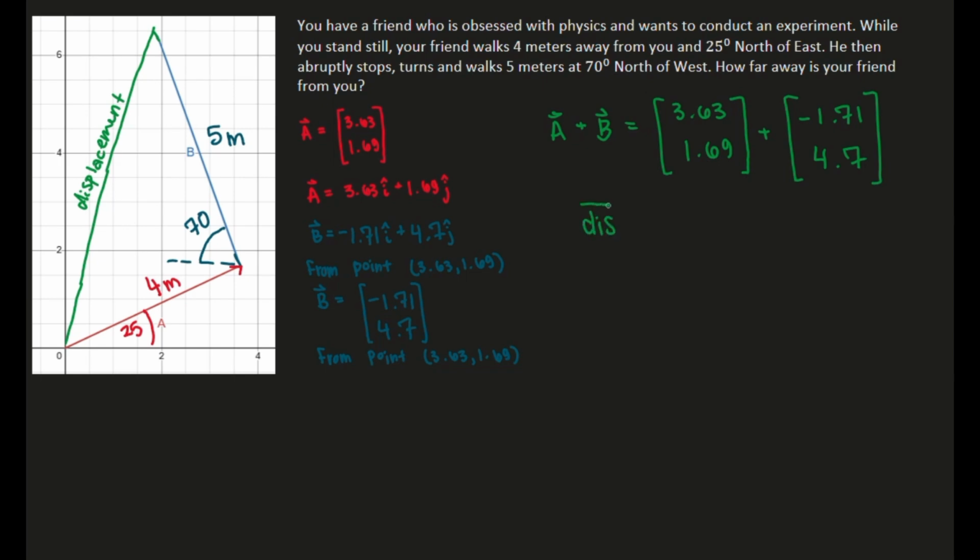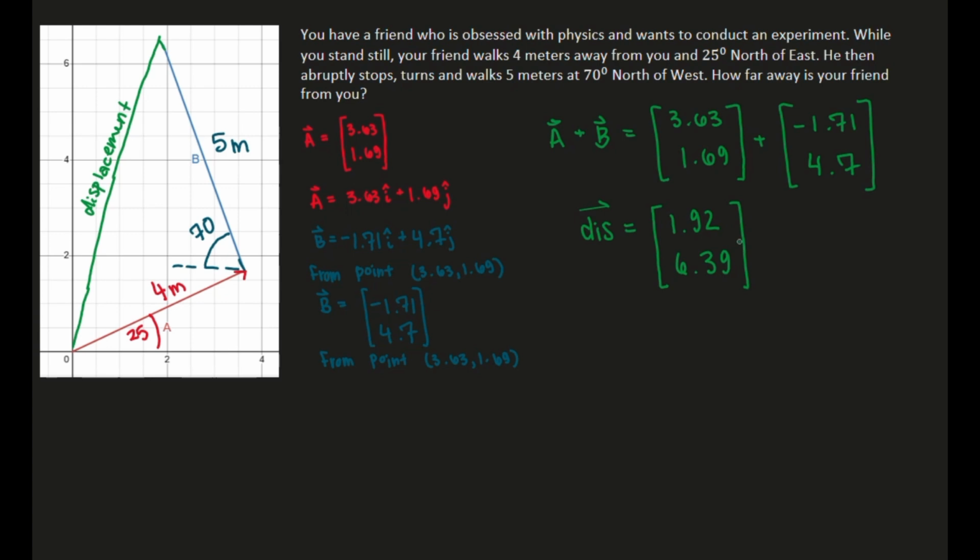When we talk about displacement, I could figure out how far away my friend is and in what direction. So let's do both. My displacement then becomes 1.92 in my x direction and 6.39 in my y direction. So that tells me the notation in components of this displacement vector.